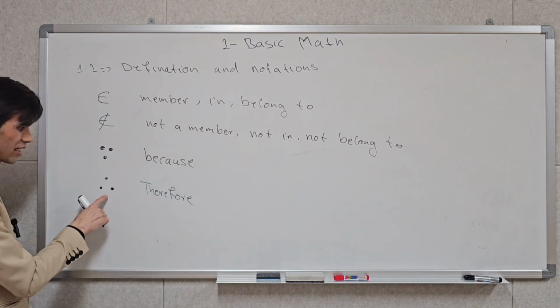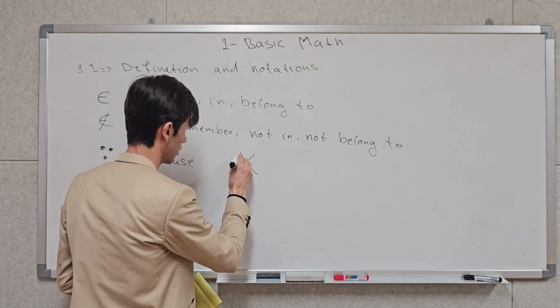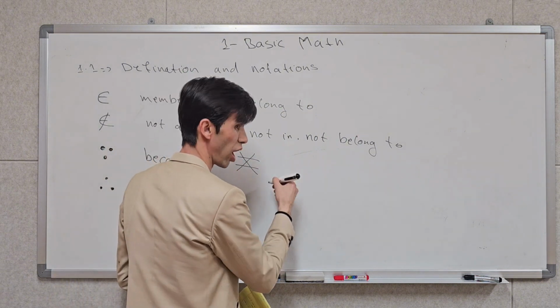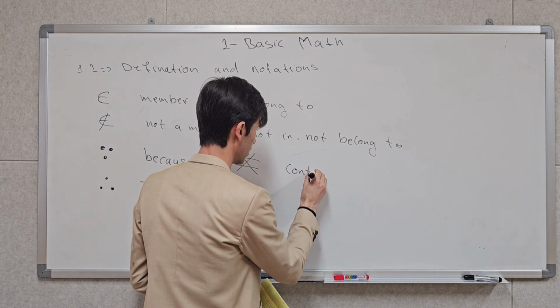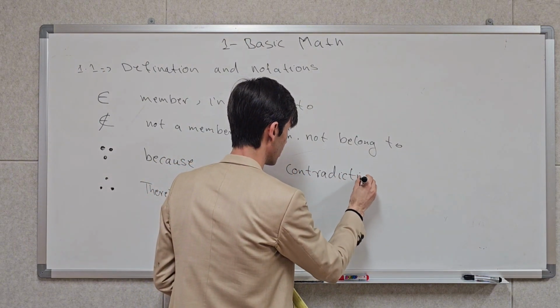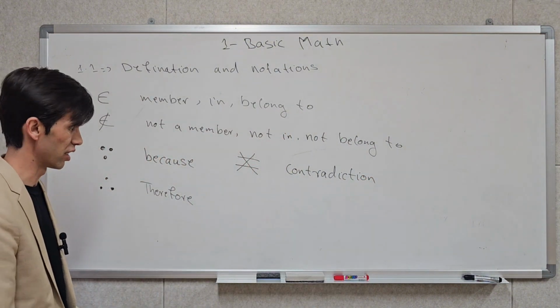So because, therefore. And also there's another notation, this one. It means by way of contradiction, or contradiction. This sign.